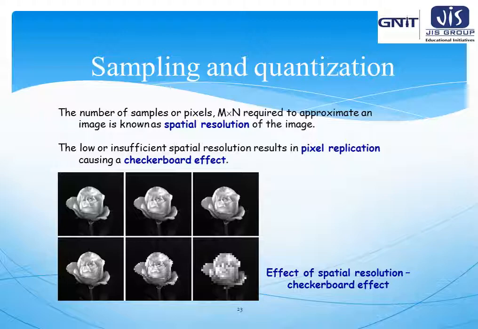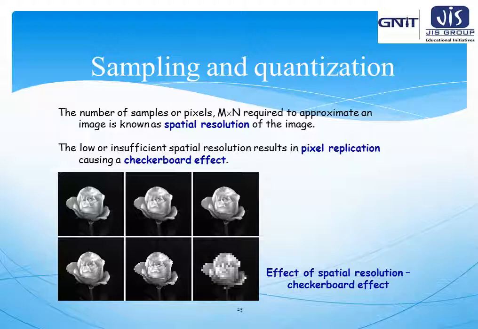Sampling and quantization continues. The number of samples or pixels M cross N required to approximate an image is known as spatial resolution of that particular image. The lower or insufficient spatial resolution results in pixel replication causing a checkerboard effect.